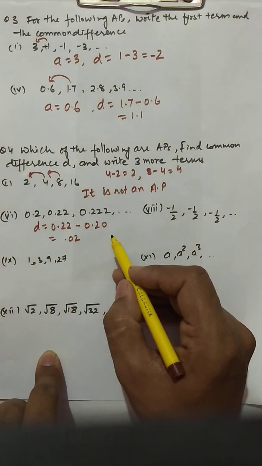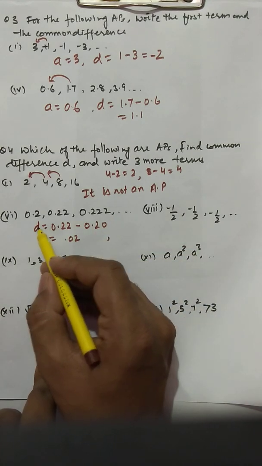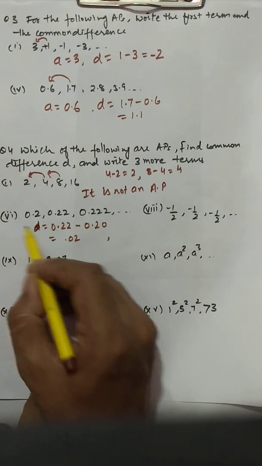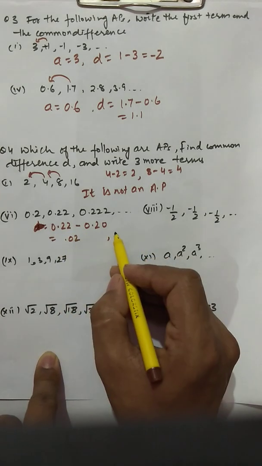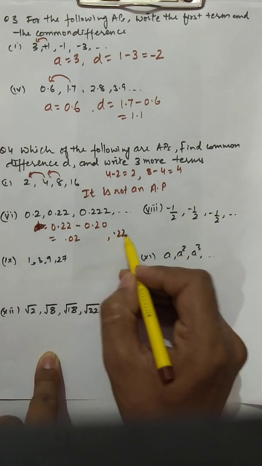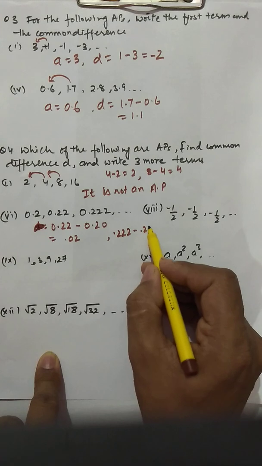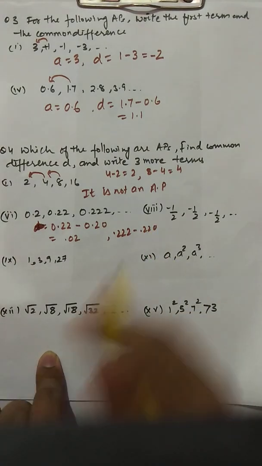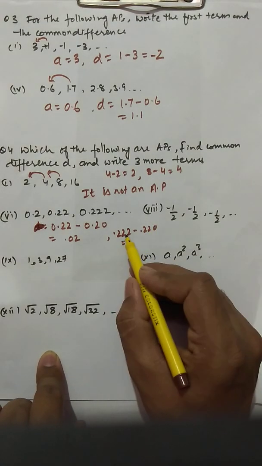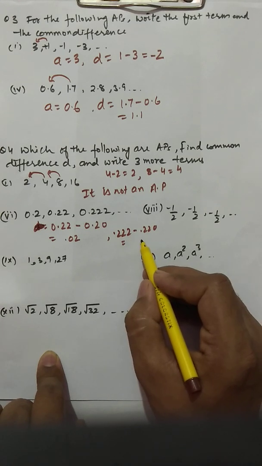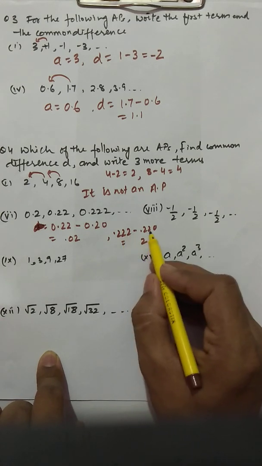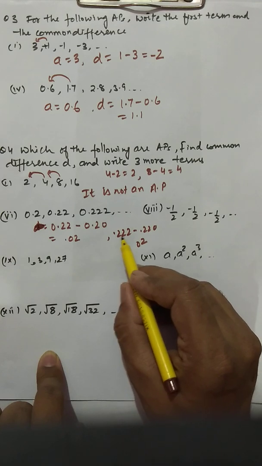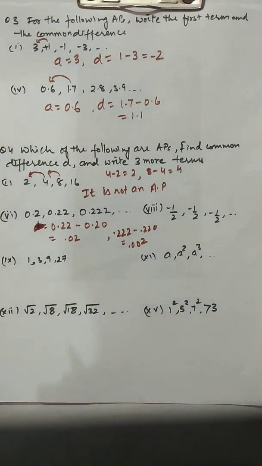This is just the difference we have found, not the common difference. So we'll find another difference, 0.222 minus 0.22. So you find the difference. So 2, this is 2, then 2 to 0 and then 2 to 0 again coming.